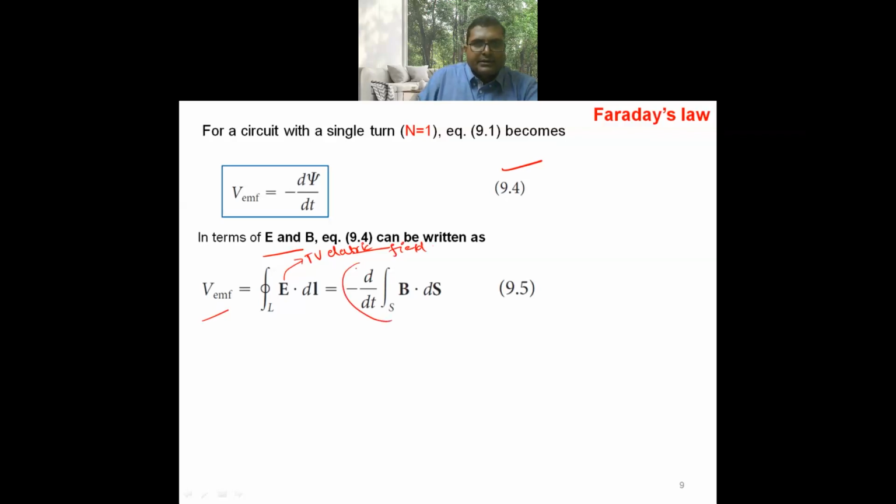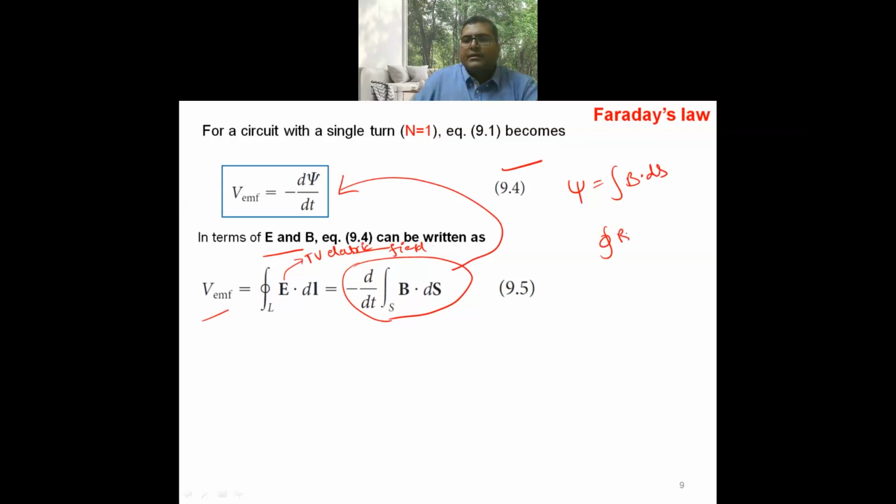Here this term is written from the previous equation: minus d by dt of the magnetic flux is simply the open surface integral of B dot ds.